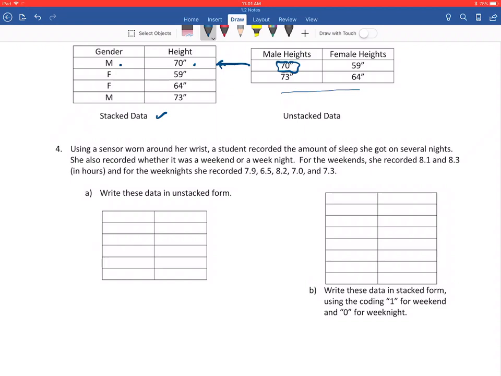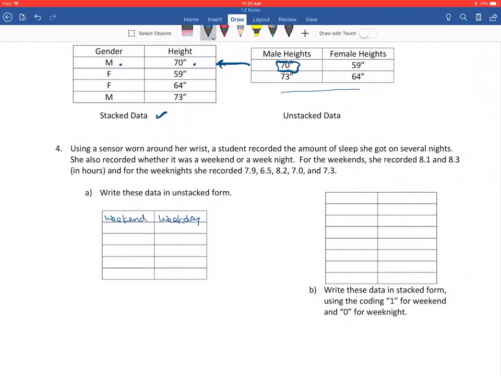In unstacked form, so kind of like the one on the right above us, what this would look like is we would have weekend and weekday recordings. Under weekend, we would write our hours there, so we would have 8.1 and 8.3. And on weekdays, 7.9, 6.5, 8.2, 7.0, and 7.3.